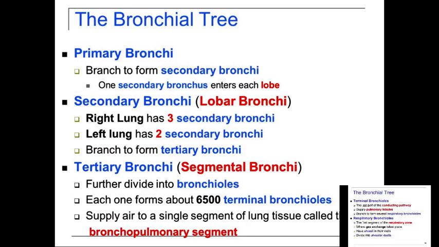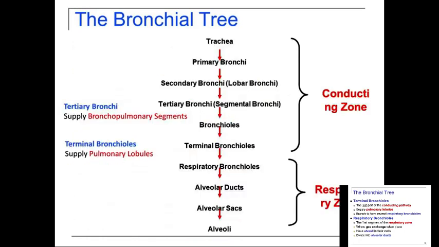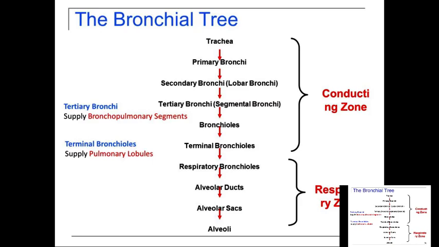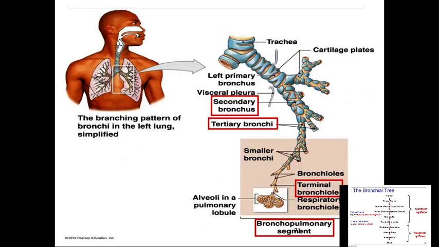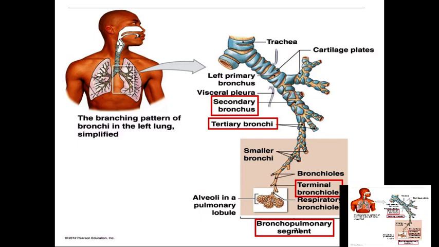Respiratory bronchioles, that's where the gas exchange takes place. We have the alveoli and the alveolar ducts. There's the flow again. Trachea, primary bronchi, secondary, tertiary to bronchioles, to the terminal bronchioles. Now you end the conducting zone and we start the respiratory zone. We have the respiratory bronchioles, alveolar ducts, sacs to the alveoli.